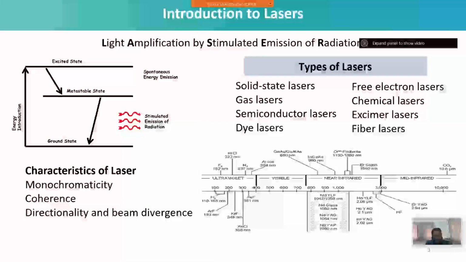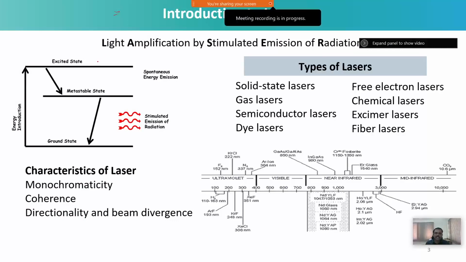So basically, laser is an acronym for light amplification by stimulated emission of radiation. It is an electromagnetic radiation, basically a light source. What we do with this light source depends upon the application. A physicist would use a laser for some kind of interferometry or for understanding light reflection.